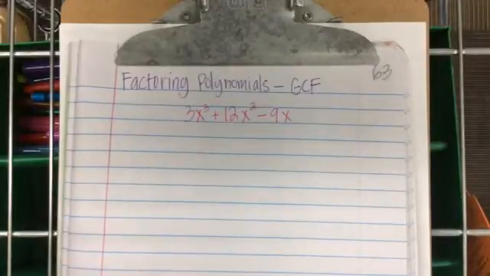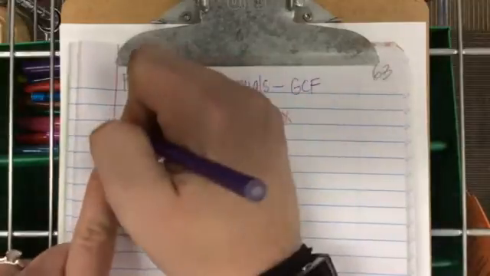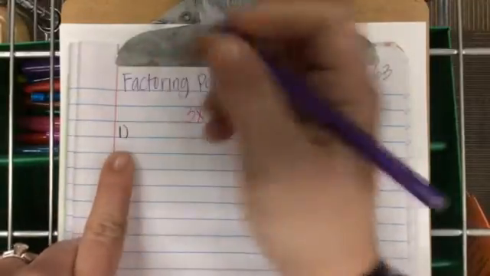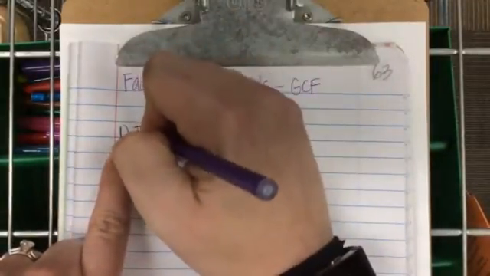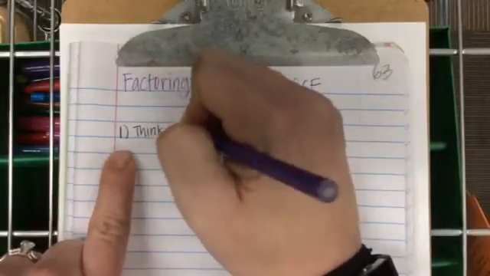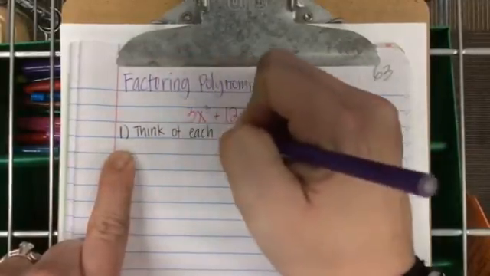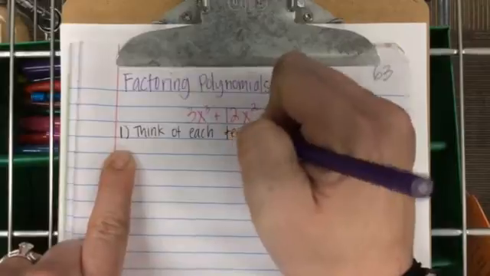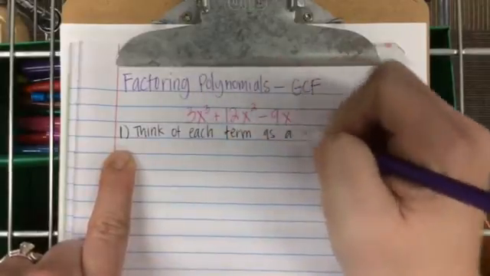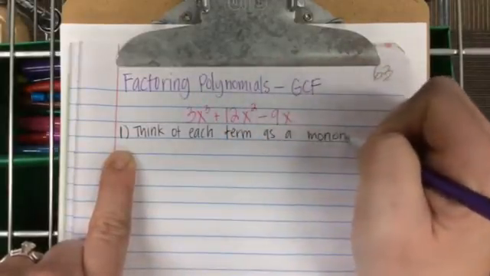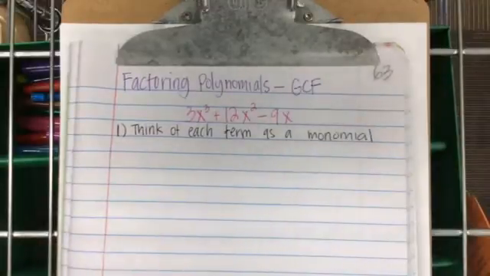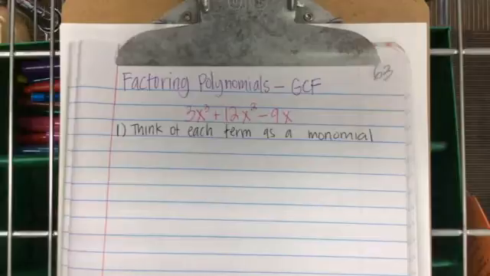So to solve this problem, you think of each term as a monomial. So this is a trinomial, so we think of it as just three separate things, right?